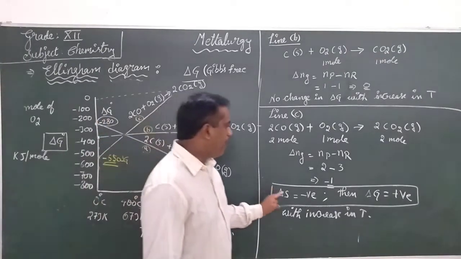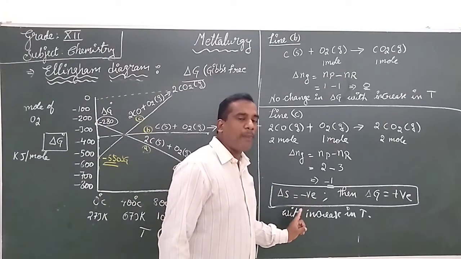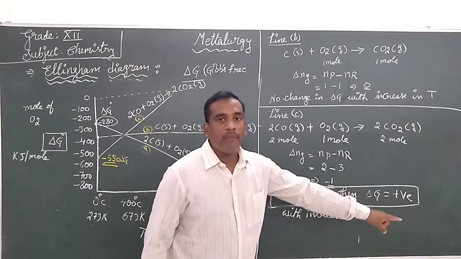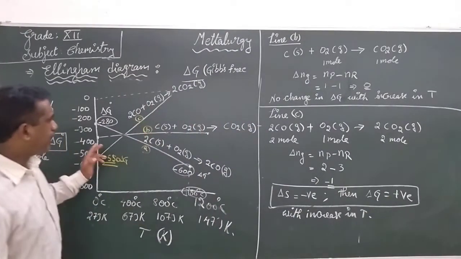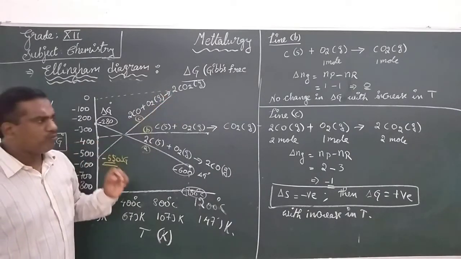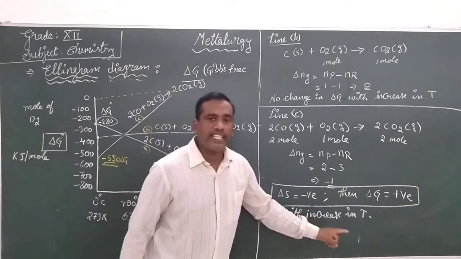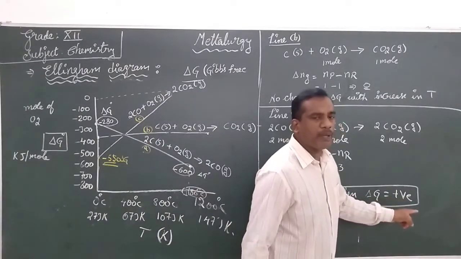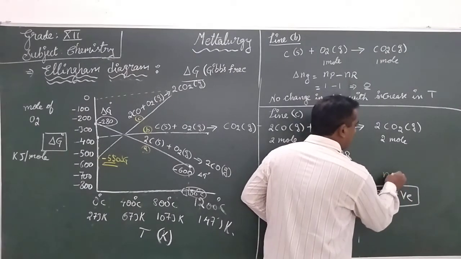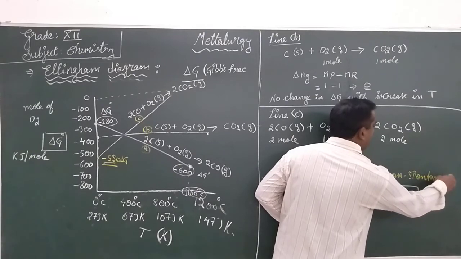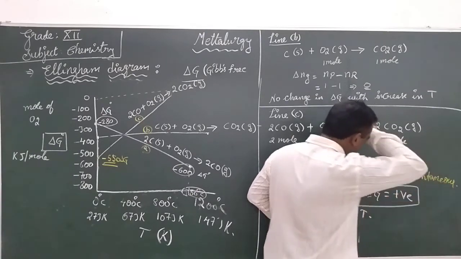But here, when entropy is becoming negative, then delta G will become positive. The delta G value is becoming a positive value with increase in temperature. Can you conclude? When delta G is becoming positive, then the reaction is a non-spontaneous reaction.